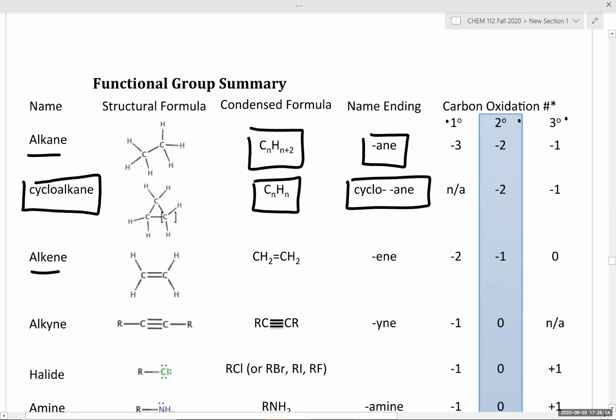Alkenes, as we've seen, have a condensed formula very similar to our cycloalkane of CnHn, but in the condensed formula, if we have an alkene, we'll be able to explicitly see the double bond. The other hint is in the name, we'd see the -ene ending.